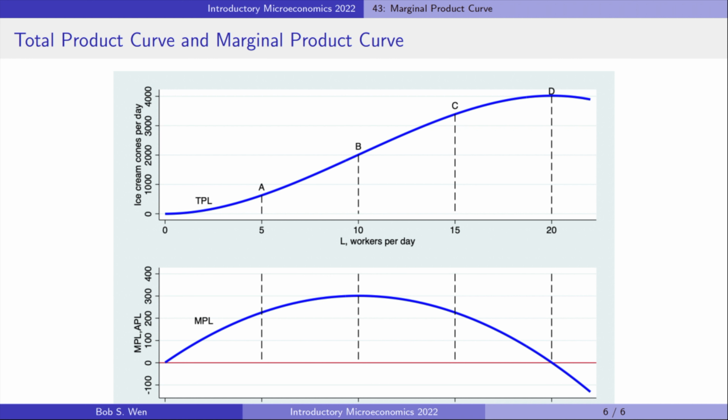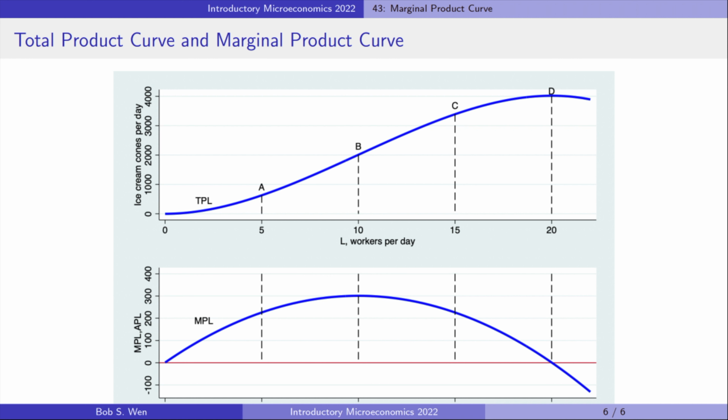However, as the number of workers increases, additional workers have to share the ice cream machines and work in more crowded conditions. Eventually, the factory becomes so overcrowded that workers often get in each other's way. Hence, as more workers are hired, each additional worker contributes fewer additional ice cream cones to total production.